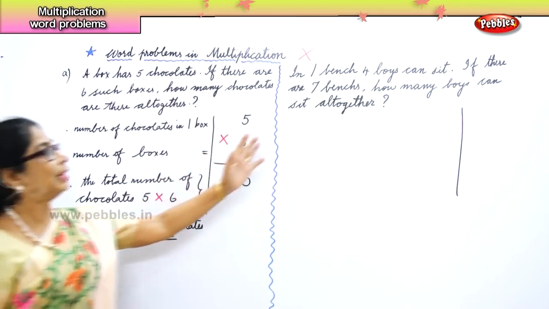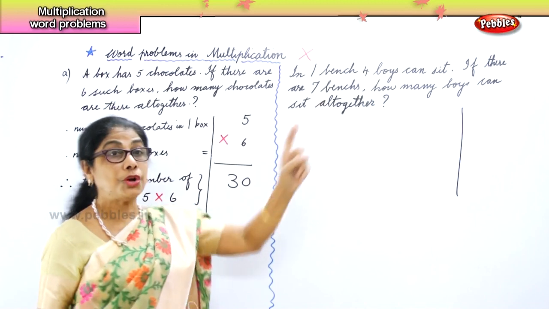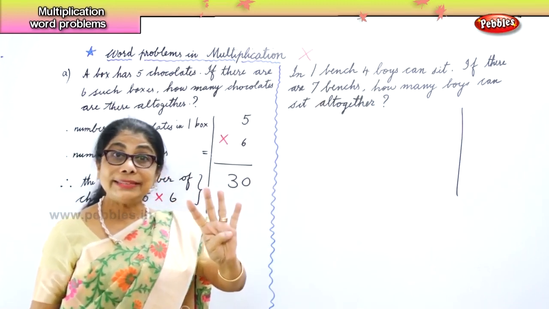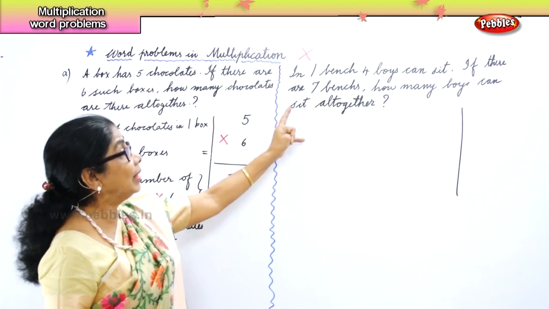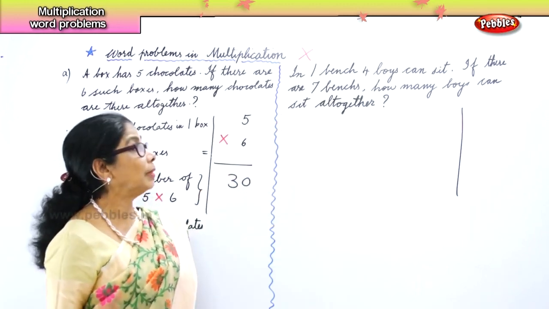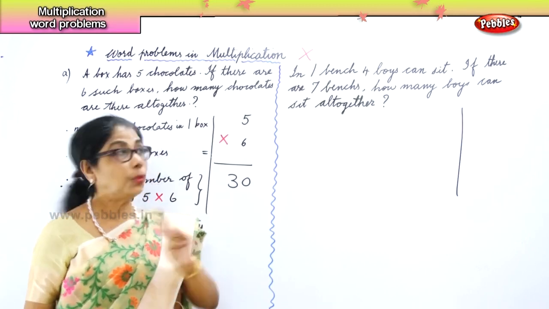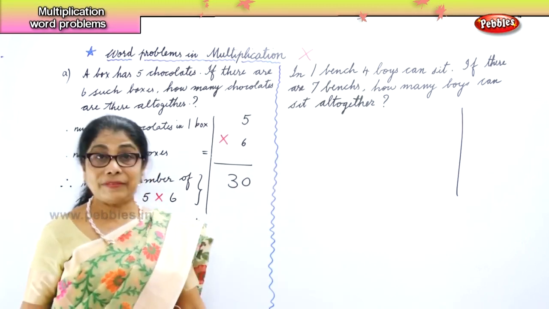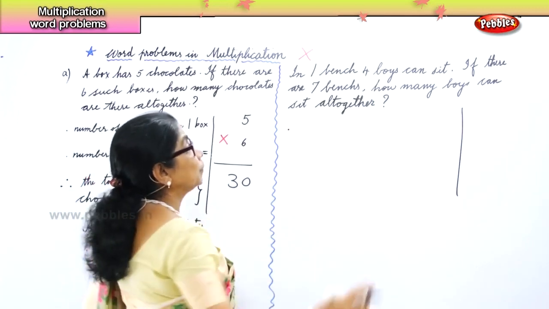Now, the second sum: if in one bench, 4 boys can sit, and if there are 7 benches, how many boys can sit altogether? One bench, 4. How many benches are there? 7. Okay. So now, what is the first statement?